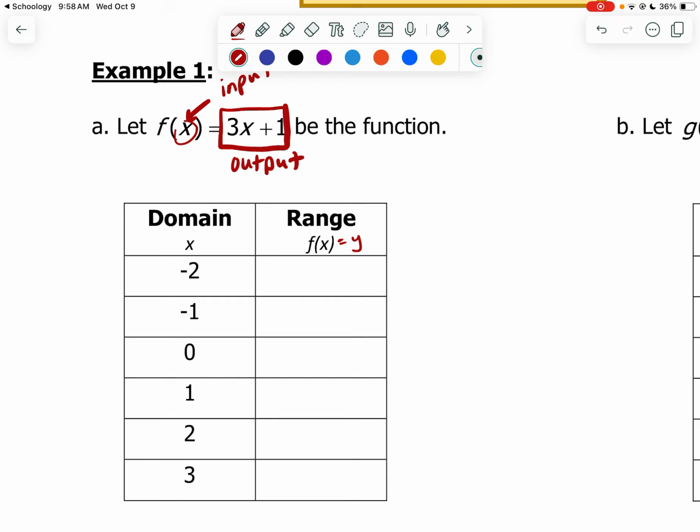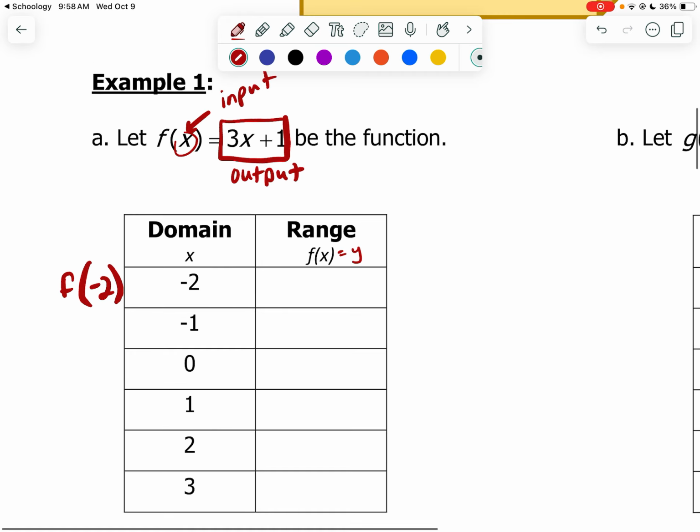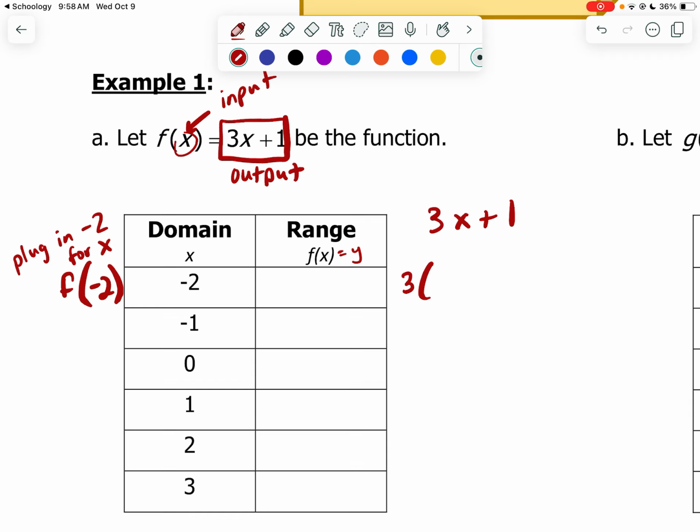So if I want to fill out this table, I have x. Okay, this means I'm going to do f of x, which is negative 2. Okay, all this means is I'm going to plug in negative 2 for x. Okay, what I plug in, I'm going to get something out. Okay, so this is 3x plus 1. So I'm going to plug in negative 2.